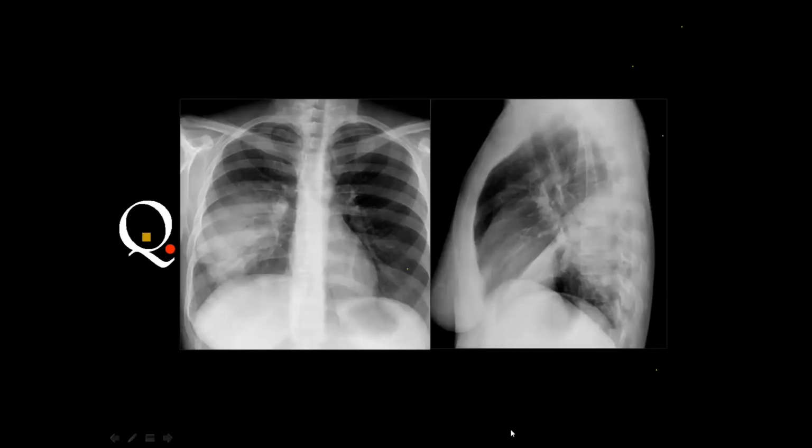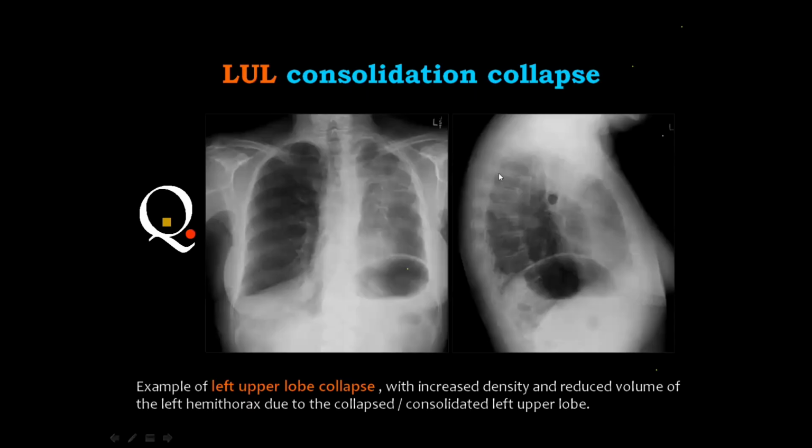Next case is a chest X-ray with this opacity. Yes, someone said that a foreign body may give such an appearance sometimes, but in this age, the adult age, foreign bodies are not that common compared to the pediatric age group, and some of the foreign bodies may be radiopaque and you see them.